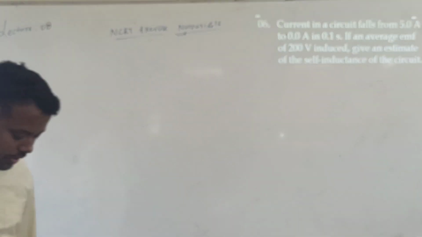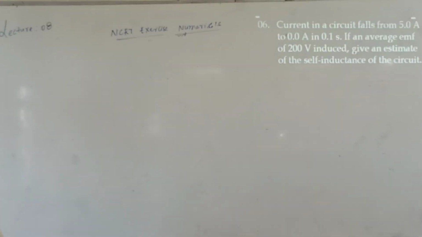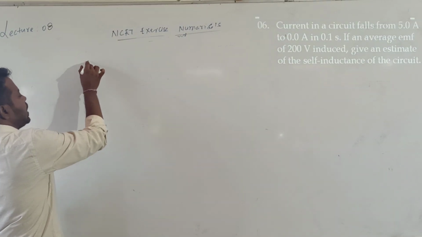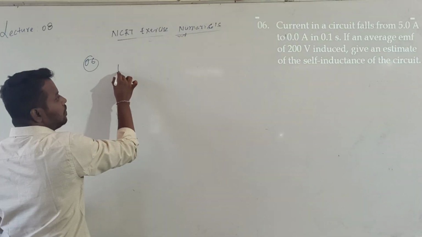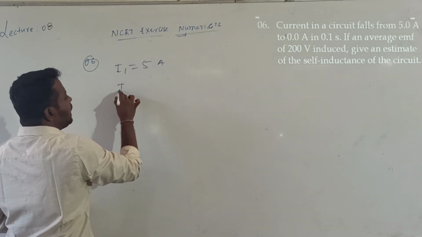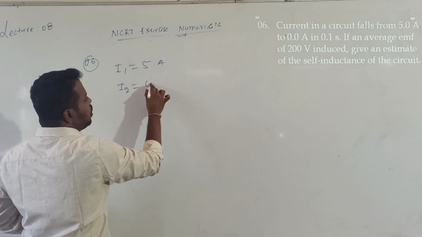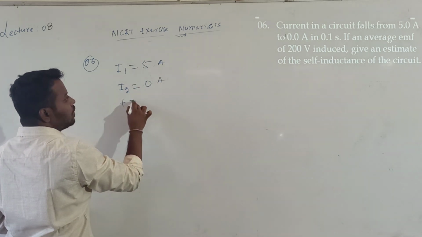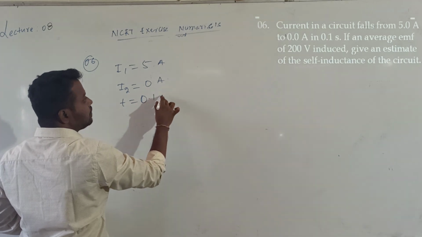So question number 6. In a circuit, current is falling from an initial current of 5 amperes to a final current of 0 amperes in a time of 0.1 second.